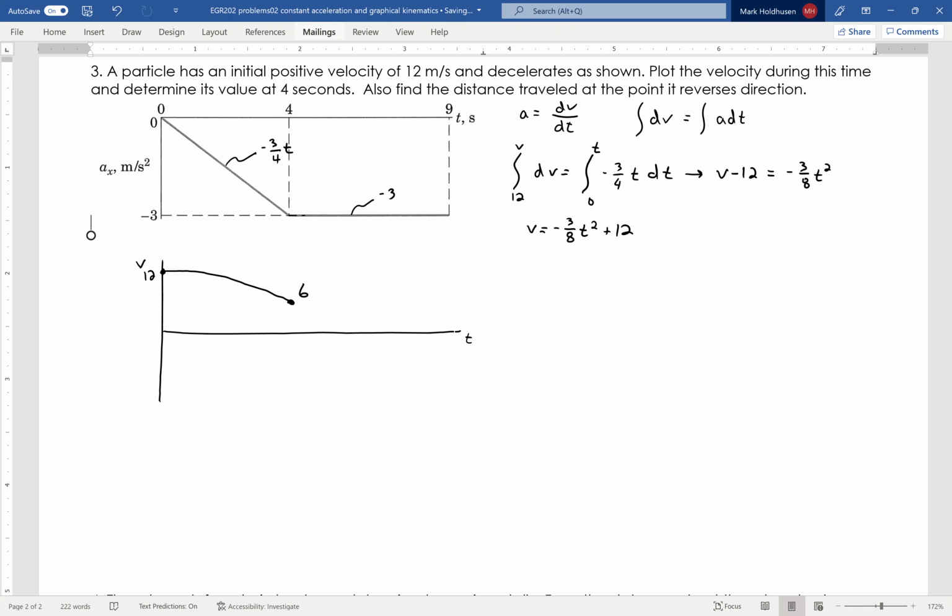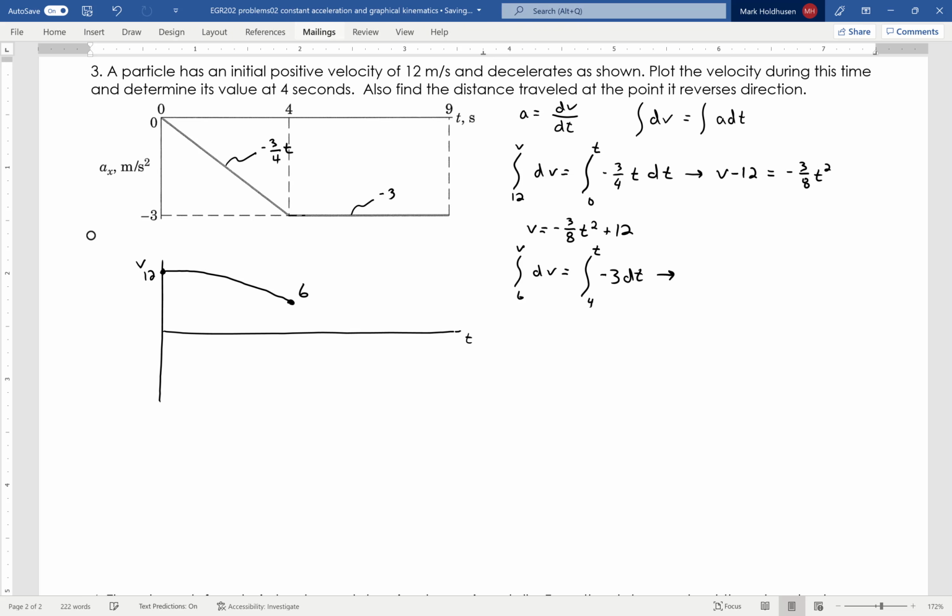Okay, now to do the next one. I'm going from 6 to v for dv, and for time I'm going from 4 to t, and again my acceleration here is simply -3 dt, like so.